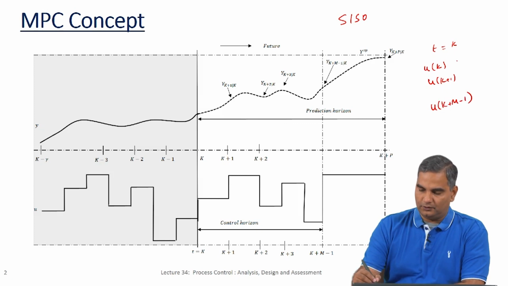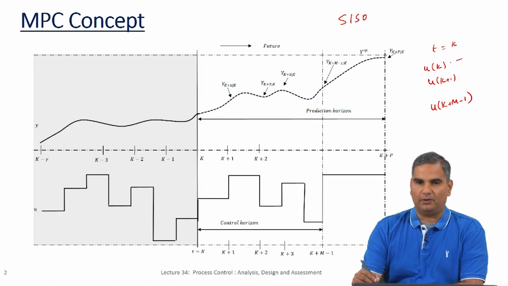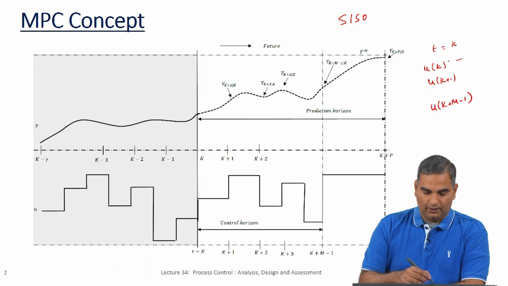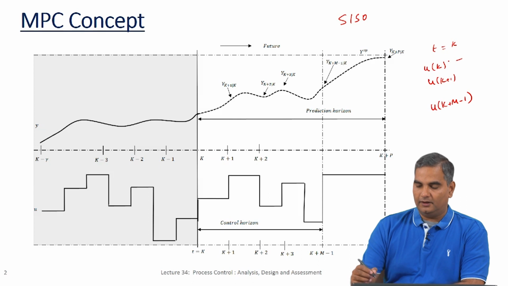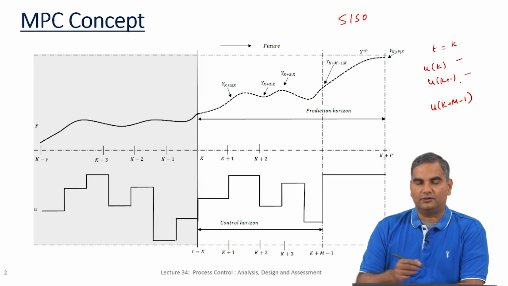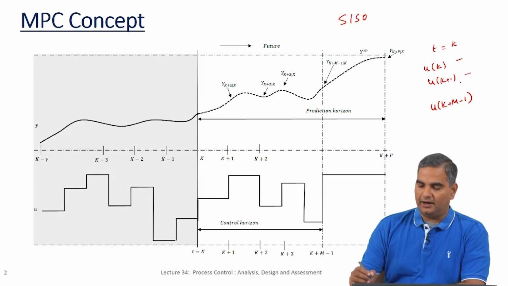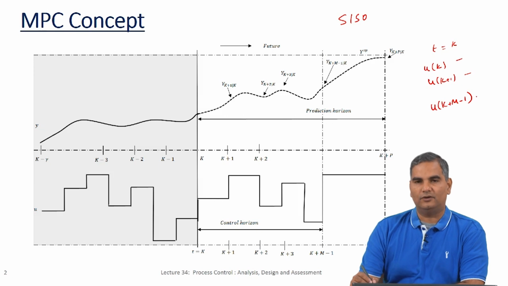So, if you think about this, this is the first decision I have to make, what value the input should take at time k, and the second decision is what value the input should take at time k+1, and the mth decision is what value it should take at time k+m-1.